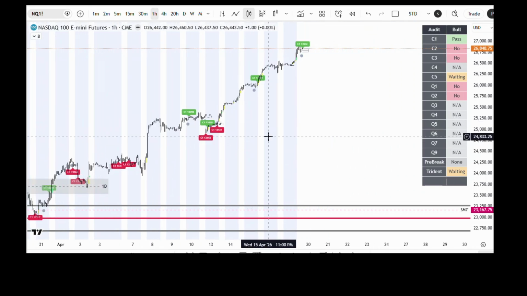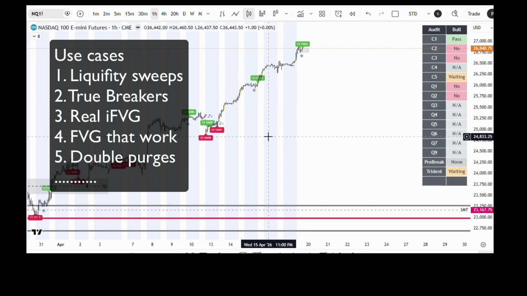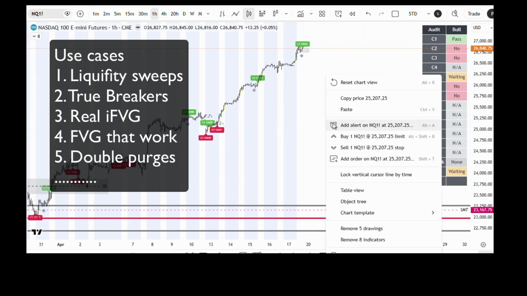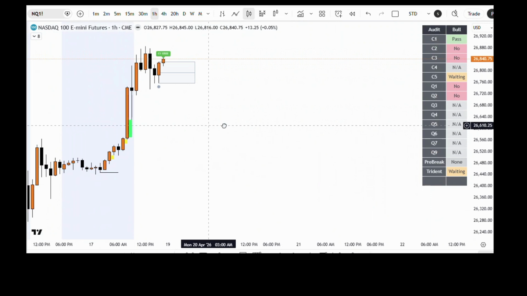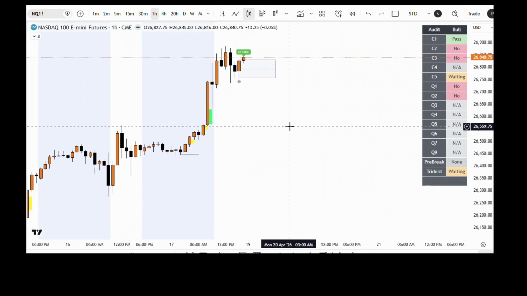So how would I use this? Like I said, there's multiple use cases, but effectively the way I'm currently using this, or testing this, is using price mechanics. So in other words, what I do is I wait for price to break out of that equilibrium level or fair value level.